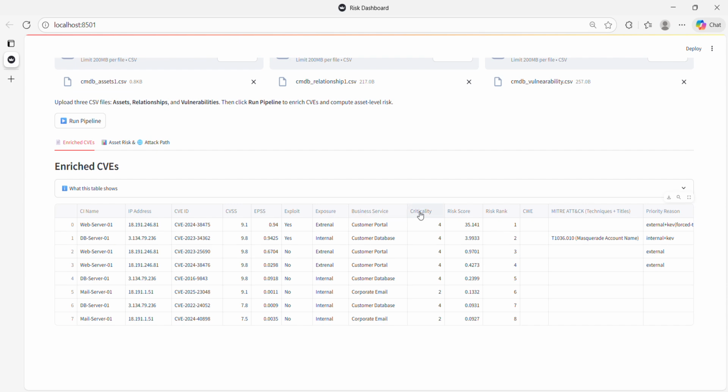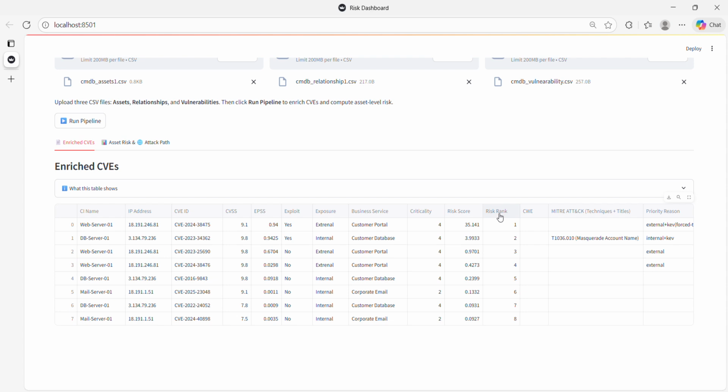So here is the asset exposure, whether it is internal or external, and what is the criticality of this particular asset. It will be on a scale of 1 to 5, and based upon all these factors it is going to calculate the risk score, and based upon the risk score it is going to provide you the risk ranking.